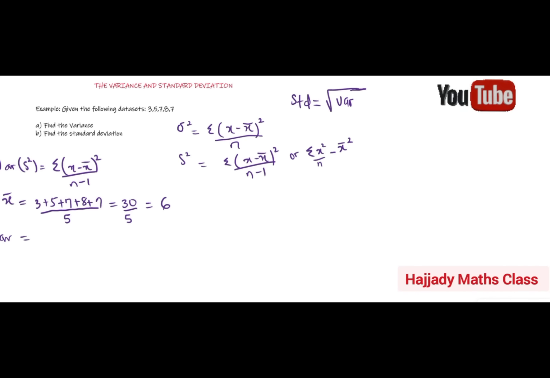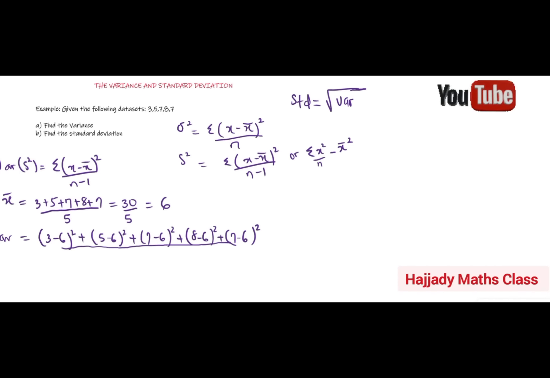So here we are going to have the first observation, which is 3 minus 6 all squared, plus the next observation, which is 5 minus 6 all squared, plus the third observation, 7 minus 6 all squared, plus the fourth one, 8 minus 6 all squared, plus the last one, which is 7 minus 6 all squared. We are dividing everything by our n, which is what?